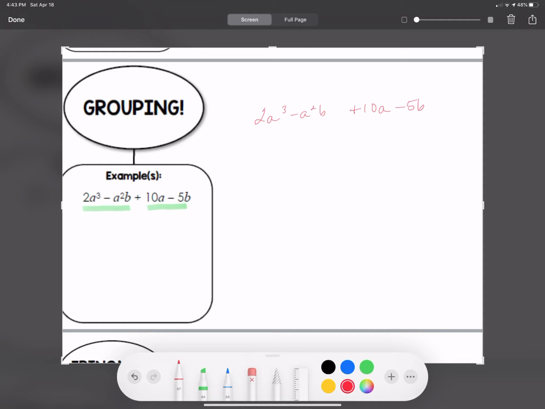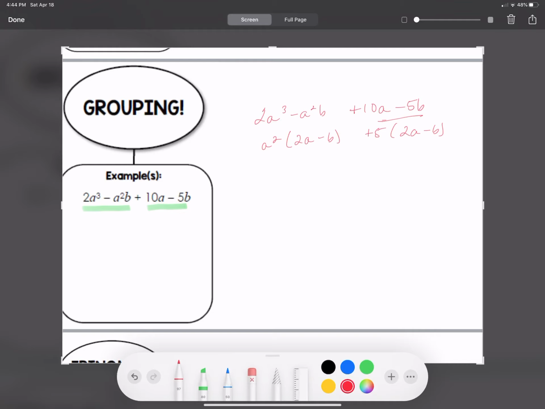So from my first group, it looks like I can take out an a squared as my GCF. And I would be left with 2a minus b. Now, I want to get that same 2a minus b from this second group of 2 terms. And in order to have gotten that, I had to take out a positive 5 as the GCF.